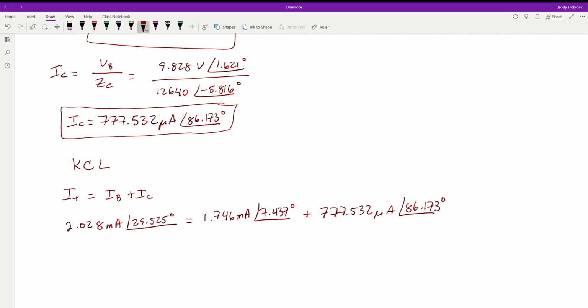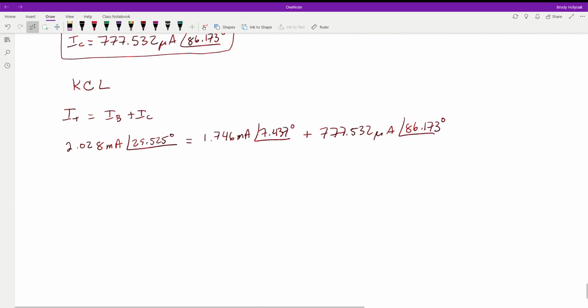Now we're adding, so we have to convert all these into rectangular so we can get those values. So we end up with 1.765 milli plus j of 999.405 micro, and that's equal to 1.731 milli plus j of 226 micro.